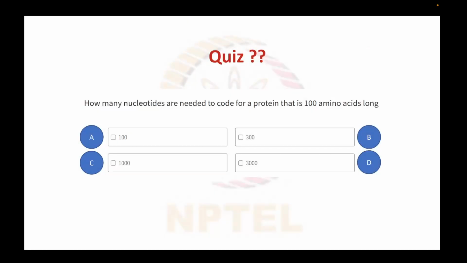Yeah. So how many nucleotides are needed to code for a protein that is 100 amino acids long? Either 100 nucleotides code for 100 amino acids, or 300, or 1000, or 3000 code for 100 amino acids.